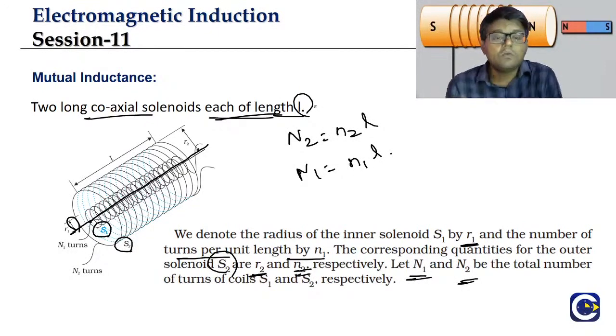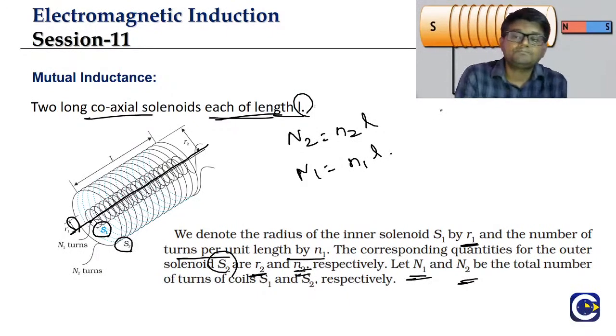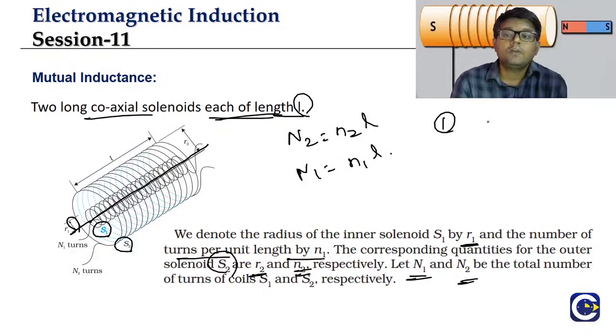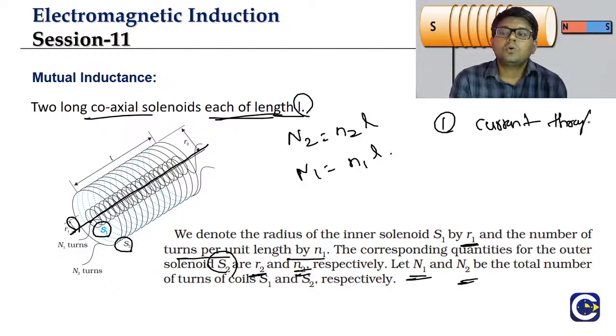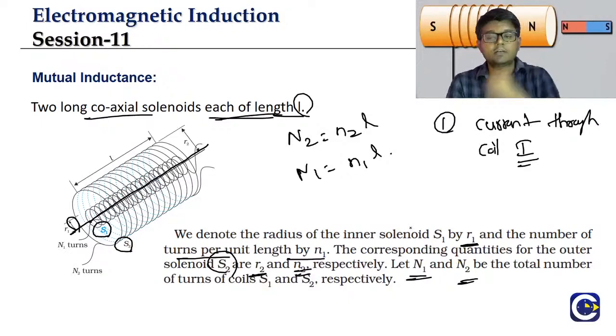Now we will look at two cases. First case: we'll pass current through coil 1 and see what mutual inductance is created on coil 2.